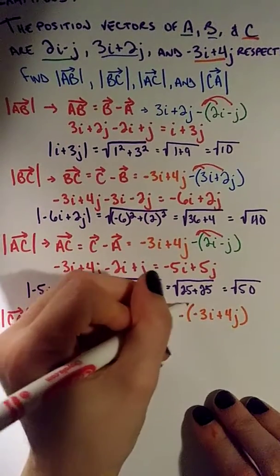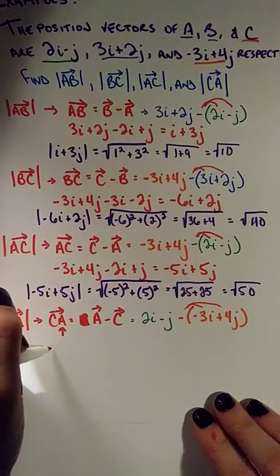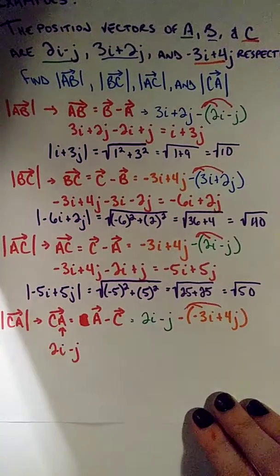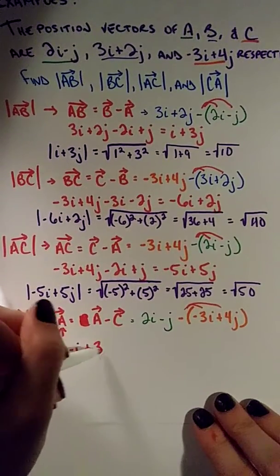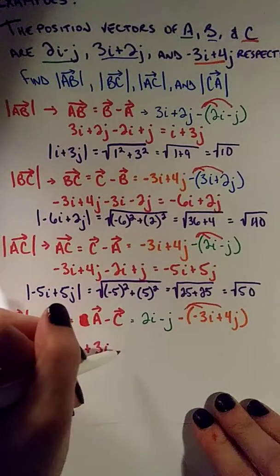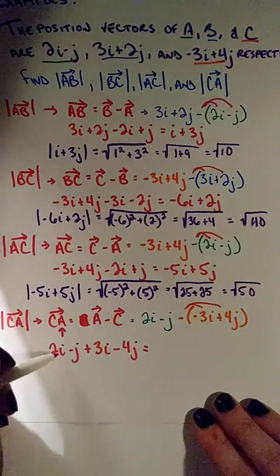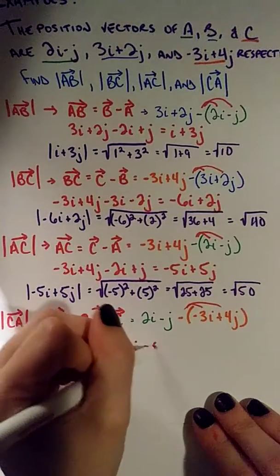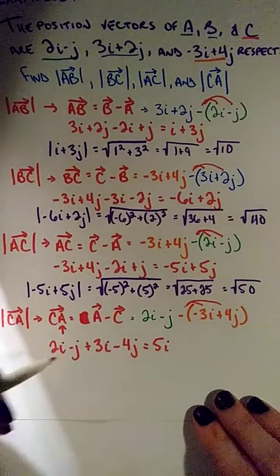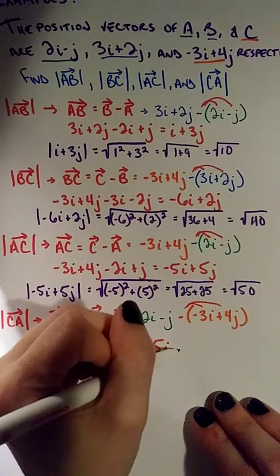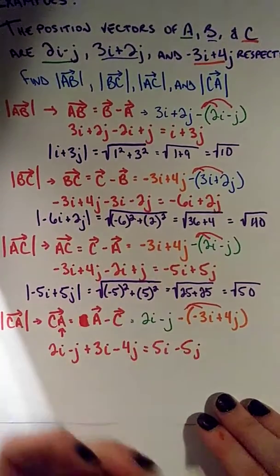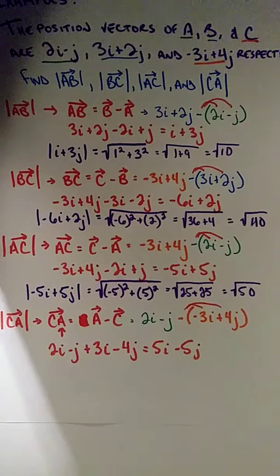So we can distribute that negative. We have 2i minus j plus 3i, big difference there, and minus 4j. When we combine these things, we'll have 2i plus 3i, that's 5i. And here, negative j minus 4j is minus 5j. So that's our vector CA.